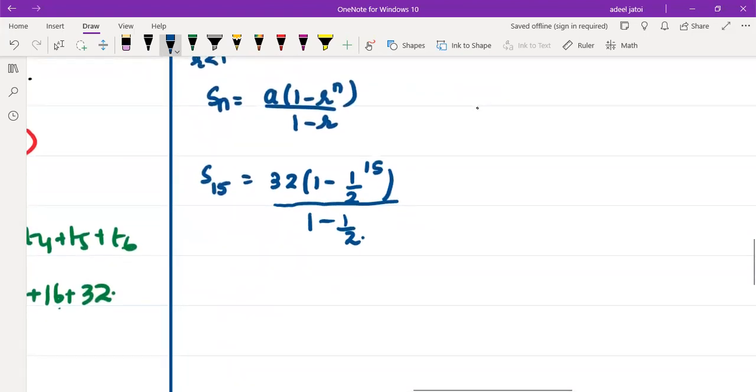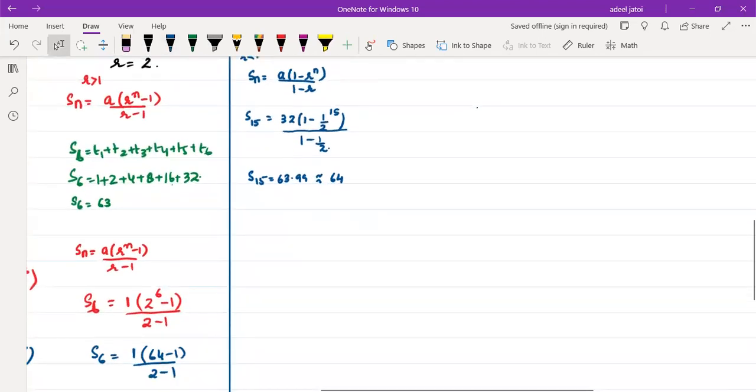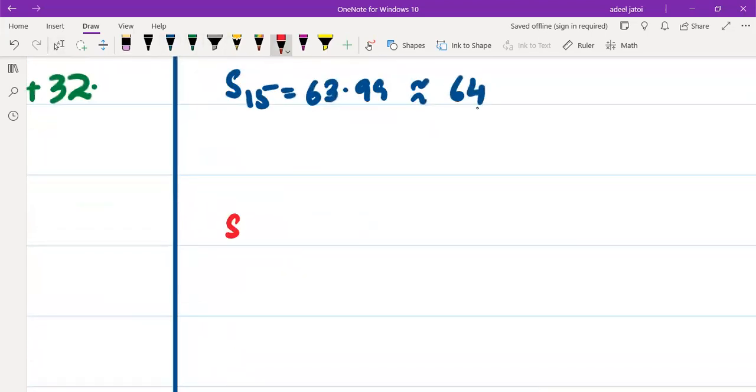Can you calculate this using a calculator, please? 1 minus half to the power 15, multiplied by 32. 63.99. So that means I can say that the sum was equal to what? 64. Now let's further do this, since I need you to understand the concept.